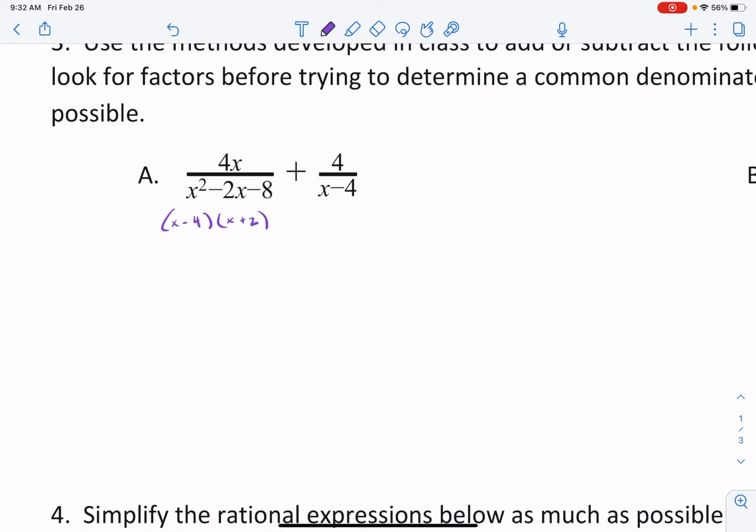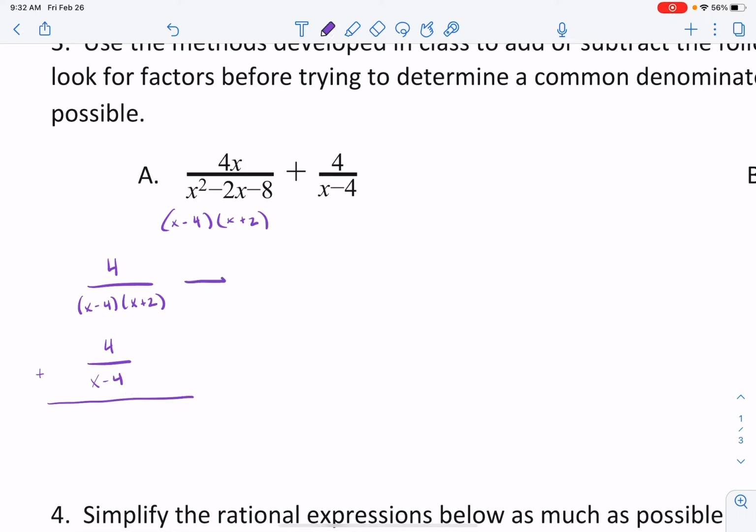All right, so let's rewrite this. So I've got 4 over x minus 4, x plus 2, plus 4 over x minus 4. Okay, so we do need them to have a similar denominator. One thing that I notice right away is that we've got these x minus 4s here. They both have it. So the only thing that we're missing is that x plus 2. So I could multiply just this part by the x plus 2, so then they would have the same denominator.